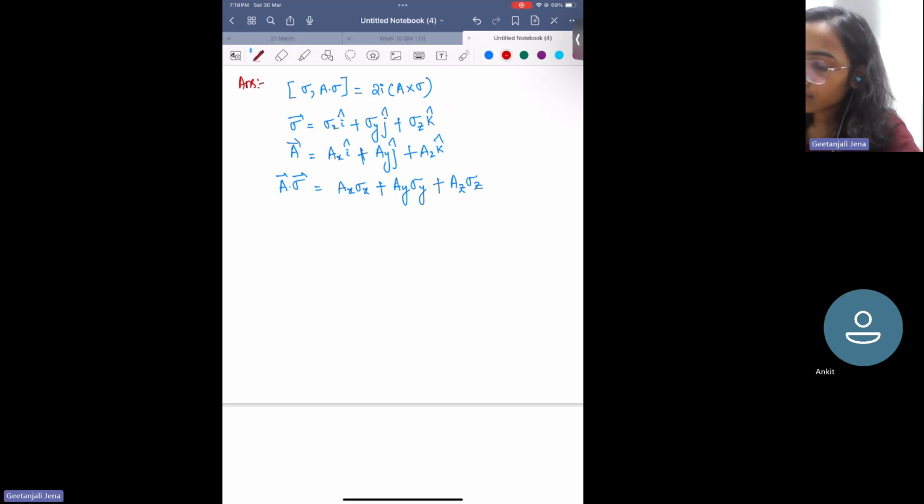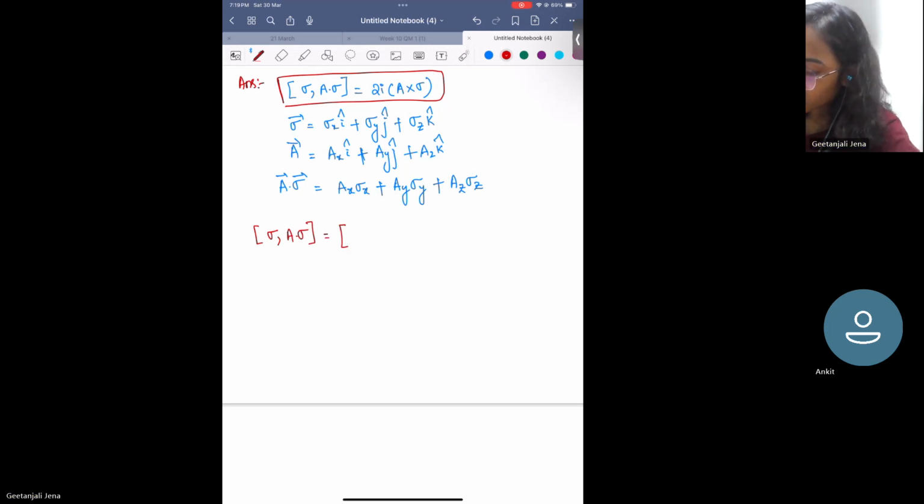Now let us see the left hand side of this commutation relation. So this is the commutator of sigma with A dot sigma. Sigma is sigma x i cap plus sigma y j cap plus sigma z k cap, and this one is ax sigma x, ay sigma y, az sigma z.